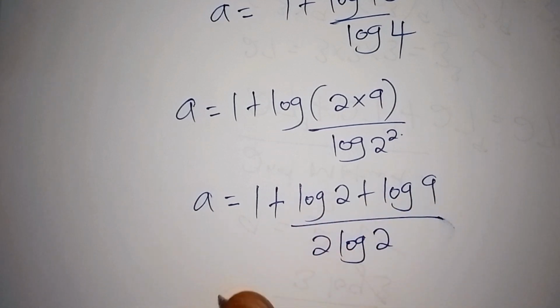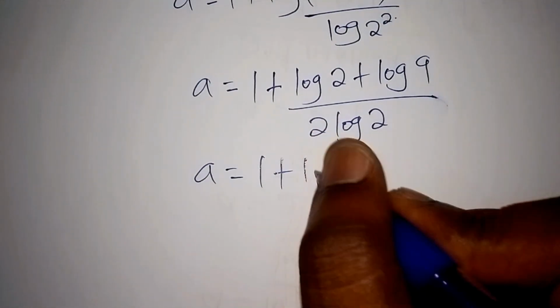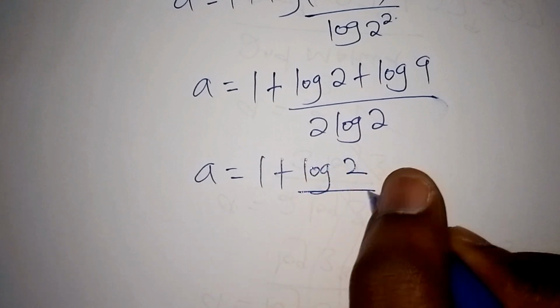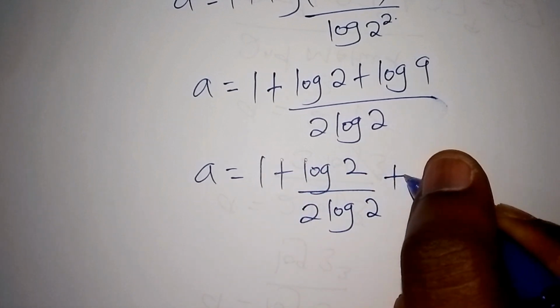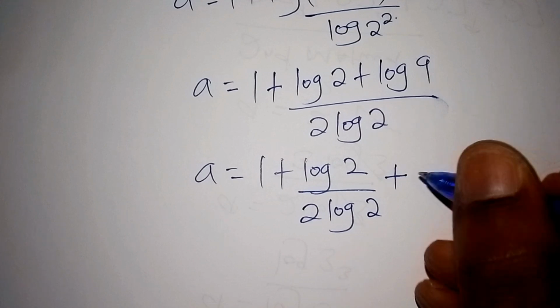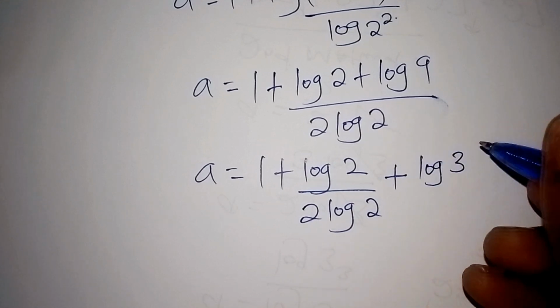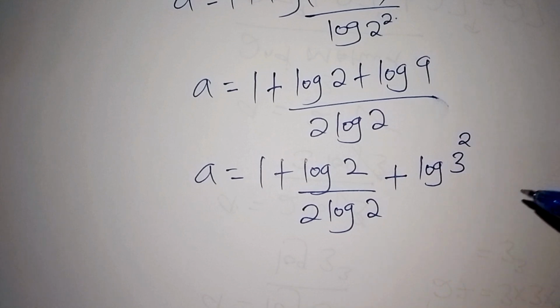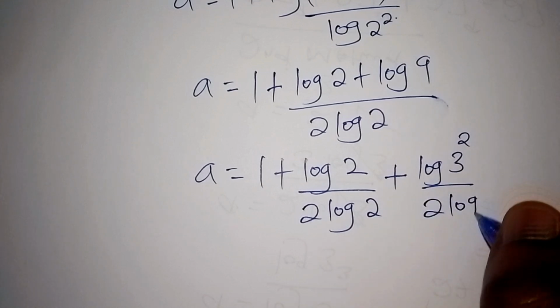So now a is equal to 1 plus the log of 2 all over 2 log 2, plus the log of 9. The log of 9 can be expressed as the log of 3 to the power of 2, because 3 times 3 is 9, all over 2 log 2.